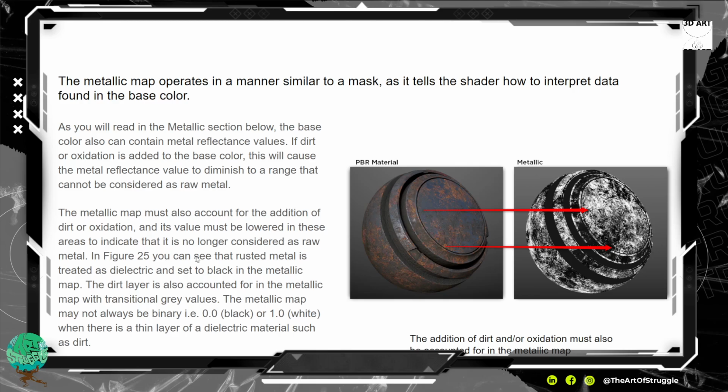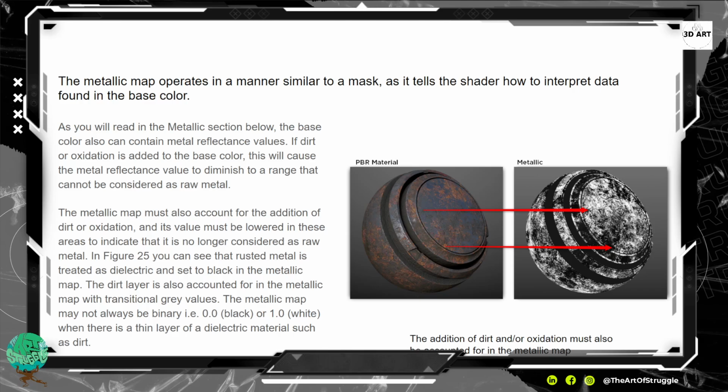In the figure, you can see that the rusted metal is treated as dielectric and set to black, right? These rusted parts are all treated as a dielectric, so they're set to black. The dirt layer is also accounted for in the metallic map with a transitional gray value. The metallic map may not always be binary 0 to 1, 0 being black, 1 being white, when there is a thin layer of dielectric material such as dirt.